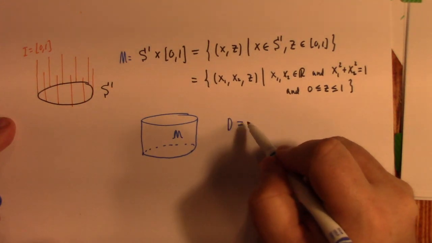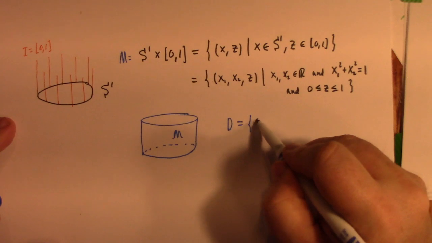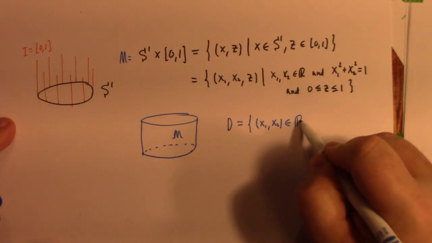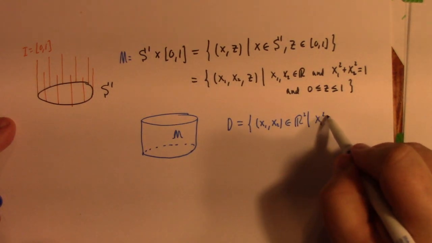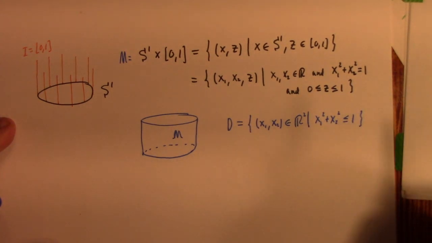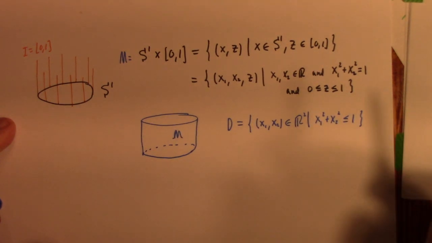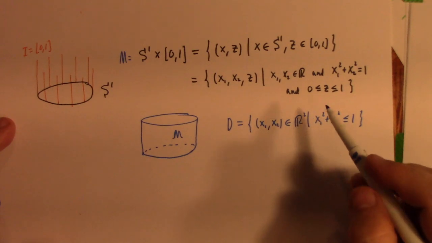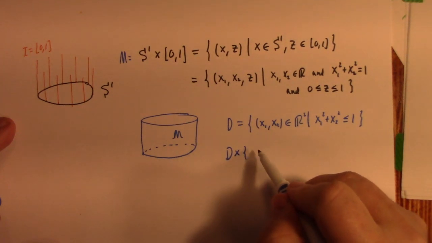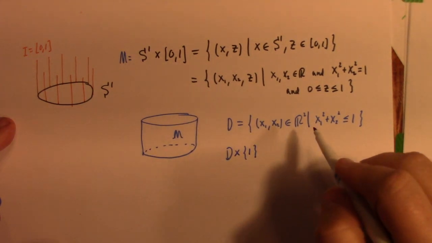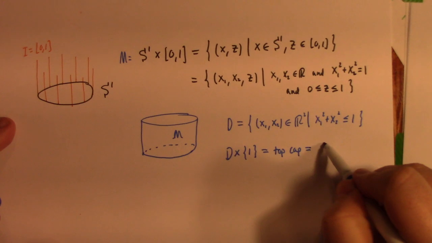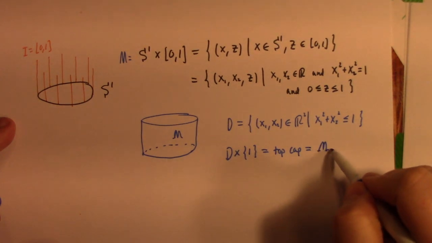Let D be the set of x1, x2 in R2 such that x1 squared plus x2 squared is less than or equal to 1. So that would be the unit disk in R2. And if I look at D Cartesian product with the set just containing 1, well, that's the top cap, which I'll call M top.